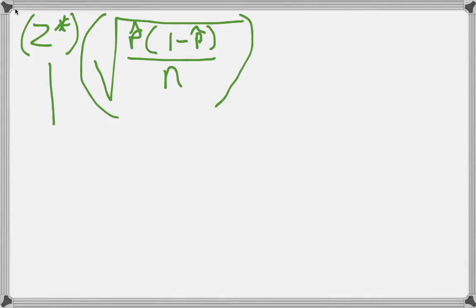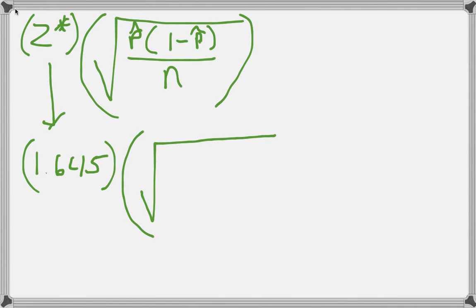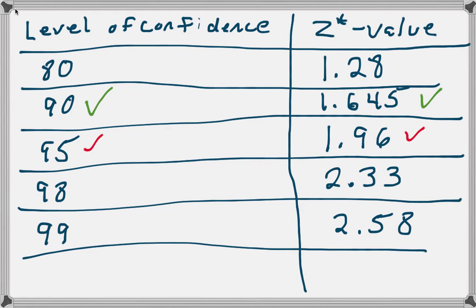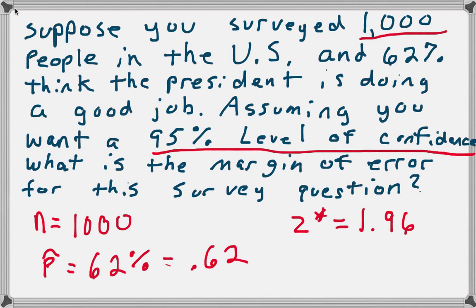So M for the critical value goes 1.645. Just straight plug and chug, guys. Don't get any better than this right here. My p hat, 0.62. I'm sorry, I actually used the same p hat as the first example.